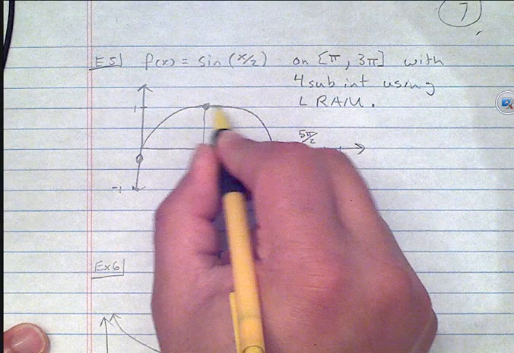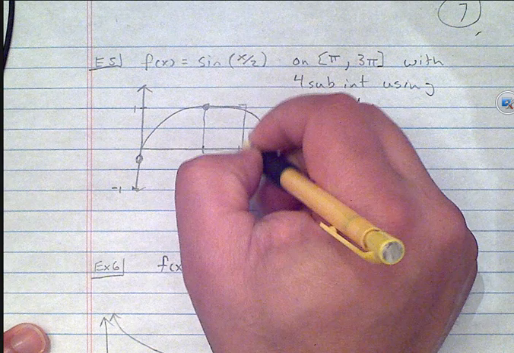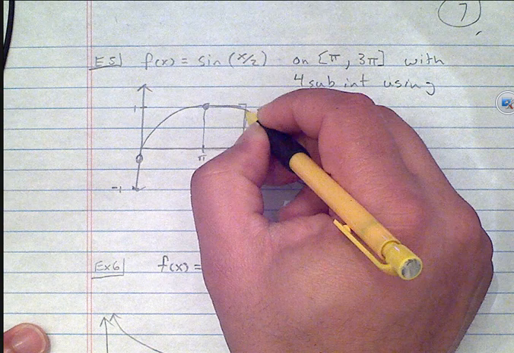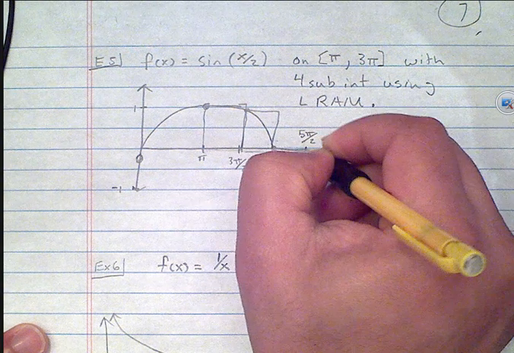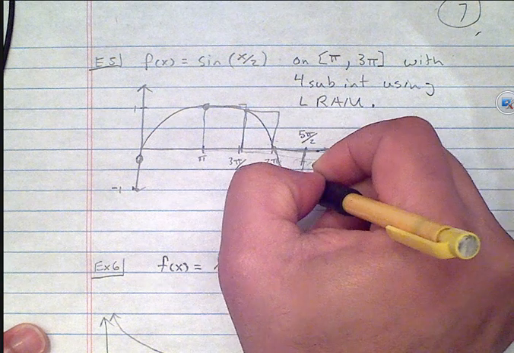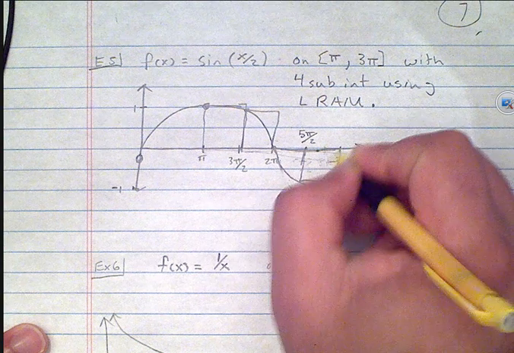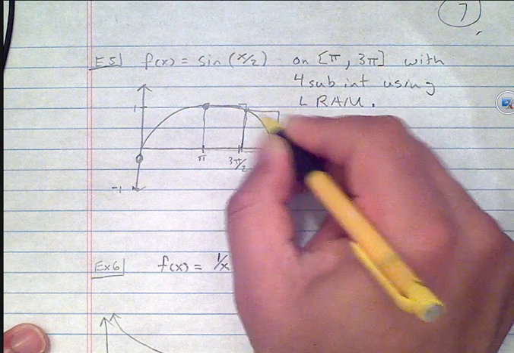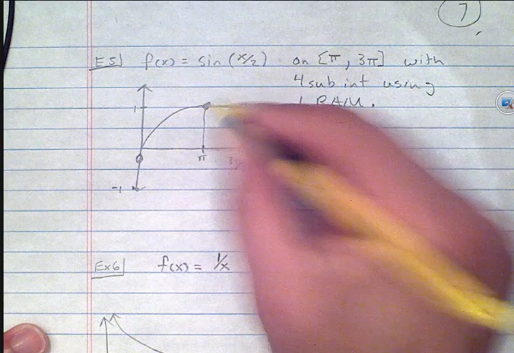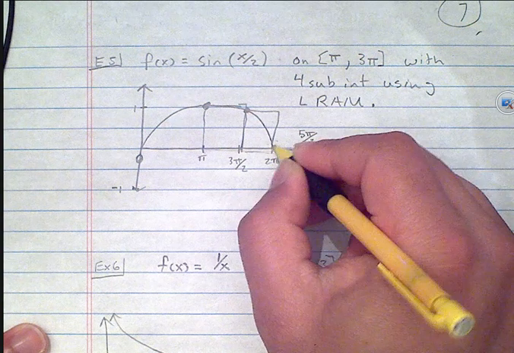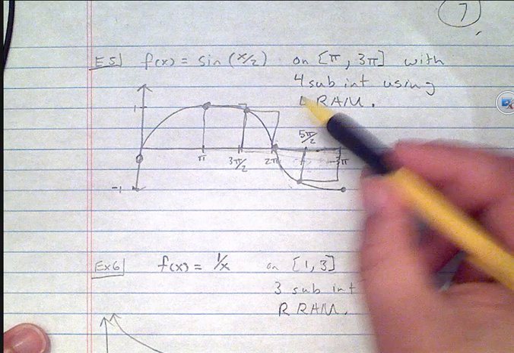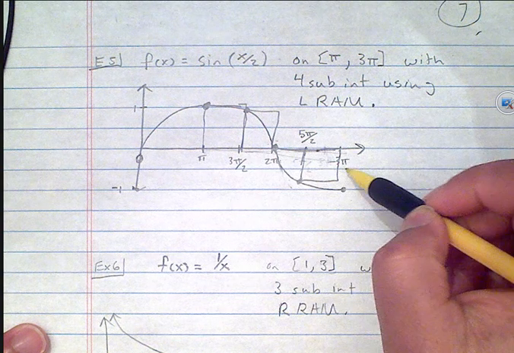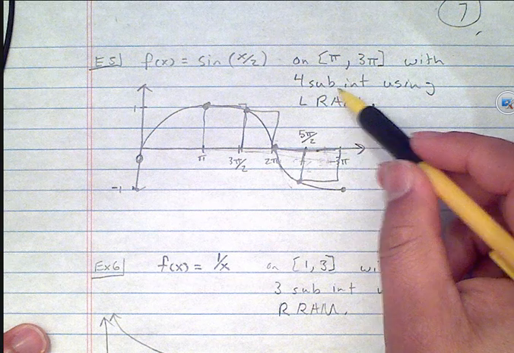And here I'm using LRAM. It's fairly easy to figure out where my rectangles are. So basically, sometimes you can find your delta x by just saying, alright, I got 4 subintervals, 4 rectangles.